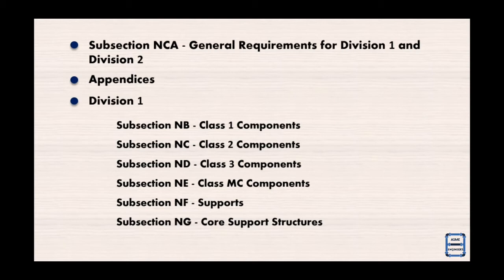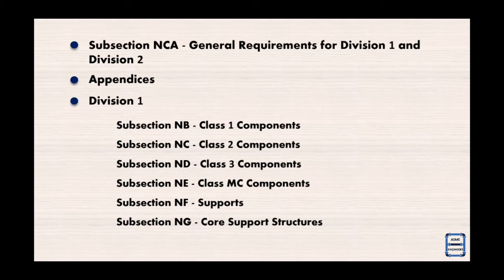Again it is subcategorized into various subsections like subsection NB, Class 1 components, which are very important for the construction of a nuclear facility, like reactor pressure vessel, pressurizer vessel, steam generators, safety valves, etc.